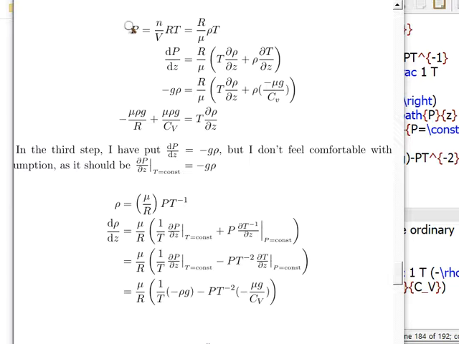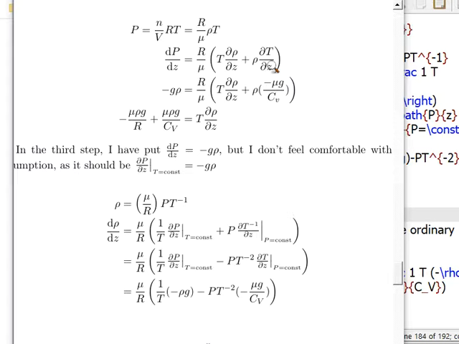We have the pressure equal to this quantity, R over mu times rho T. And the question is, if we assume that the pressure varies with height, which it does, should we assume that part of that variation of pressure with height is due to a variation of density with height, and another part is due to a variation of temperature with height?